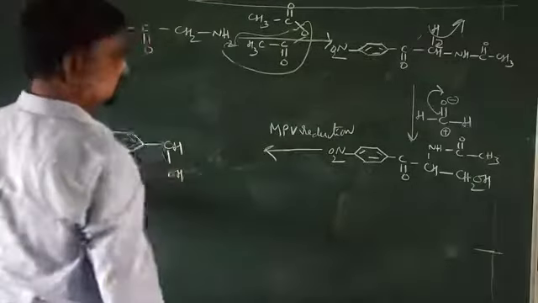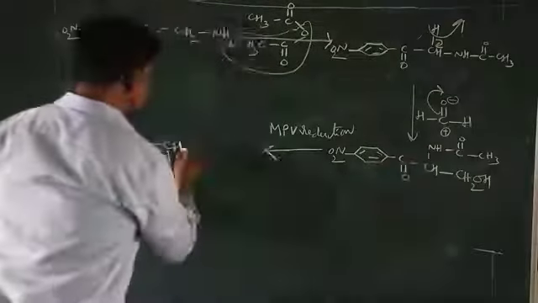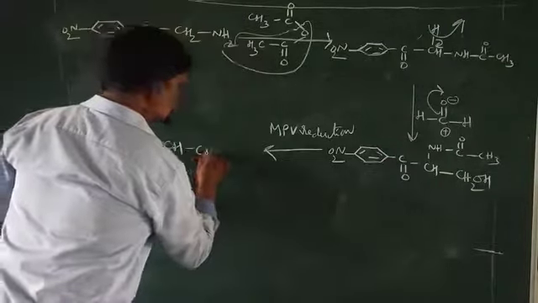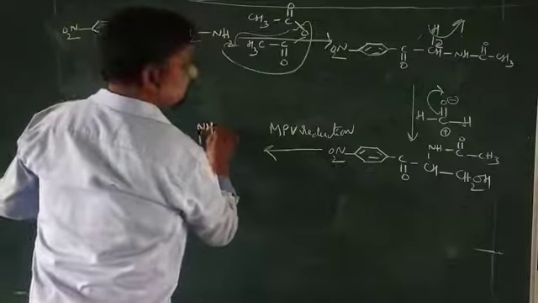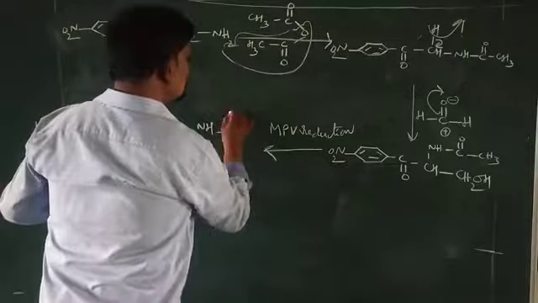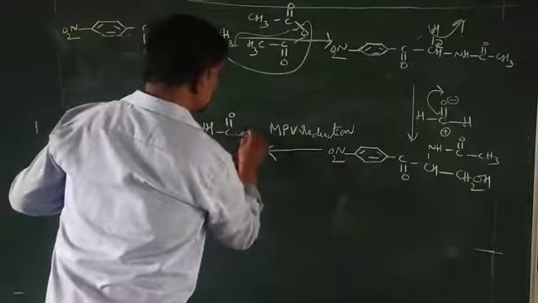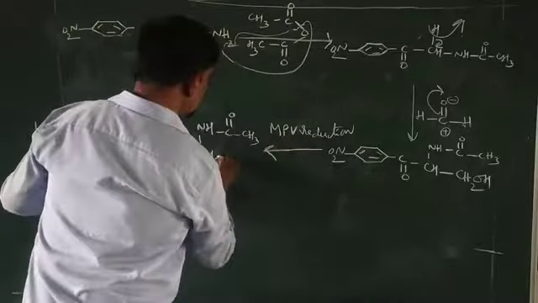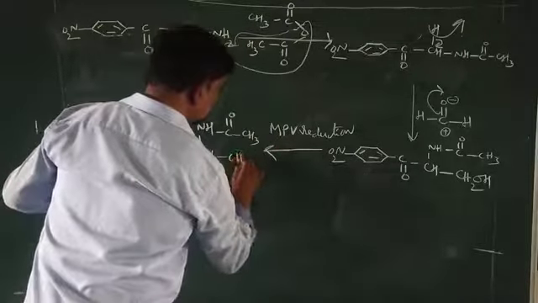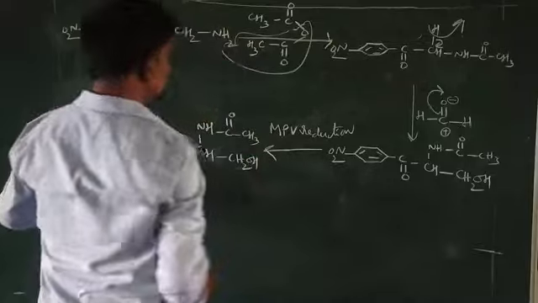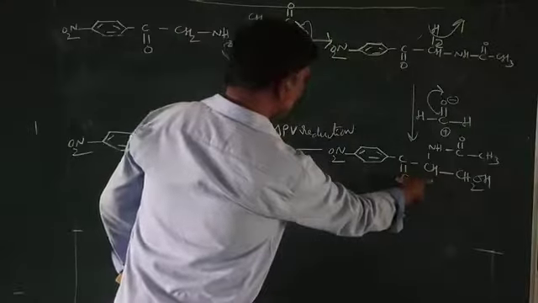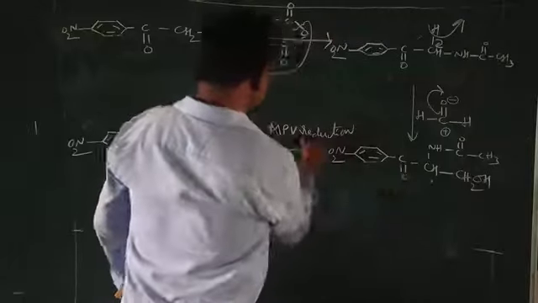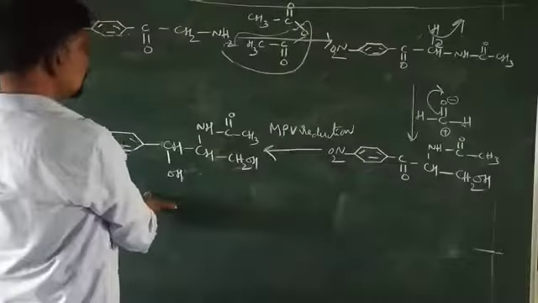And the remaining portion CH, and above it NH, C double bond O, and CH3, and the remaining portion alcohol CH2OH. So by MPV reduction, we will get this compound.